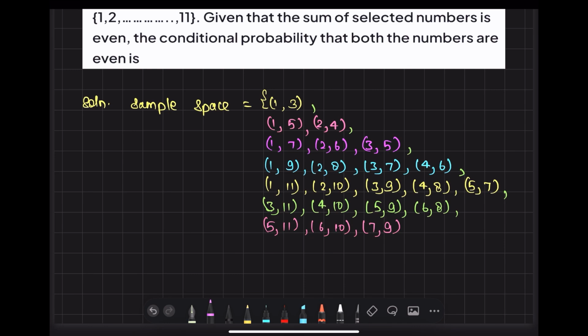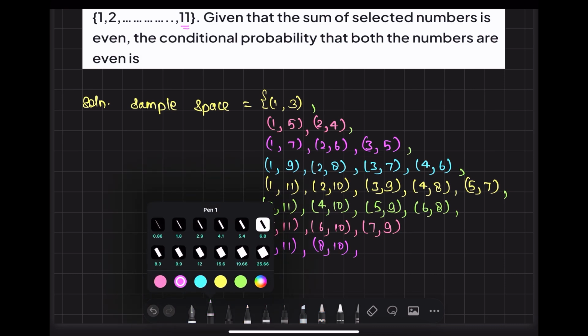After 16 we'll go with 18. With 18, if I have to select 11, I'll go with 7. So 7 and 11, then 8 and 10. Then 9 and 9 should be rejected, because the numbers cannot be repeated; they have to be unique.